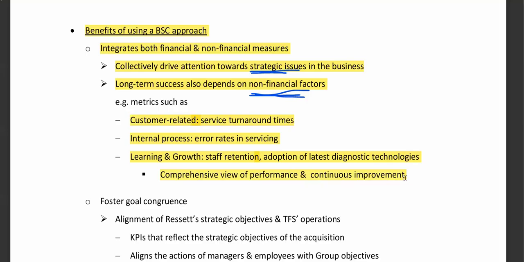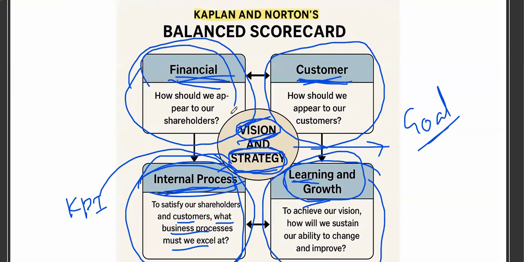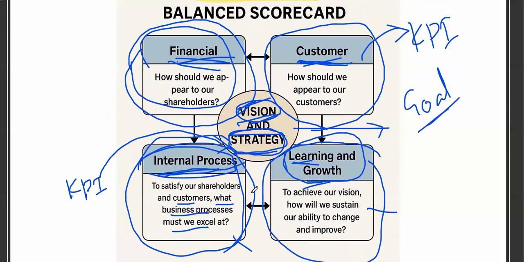So Ressett's head office would receive reports which would not only highlight the financial performance and position of the subsidiary, but would also give you KPIs relating to all these other perspectives. Sometimes these other areas would justify the financials.